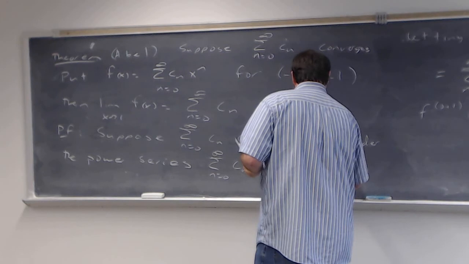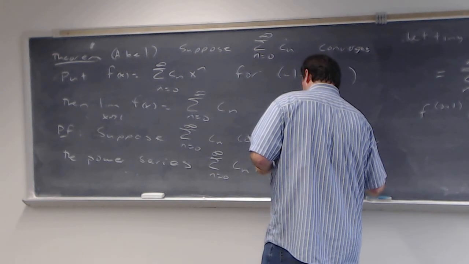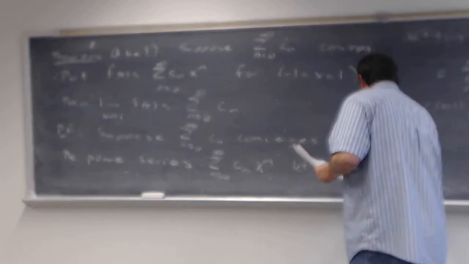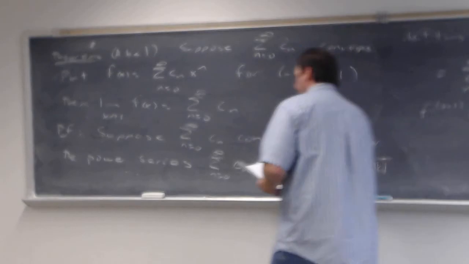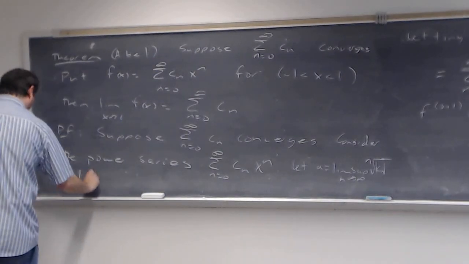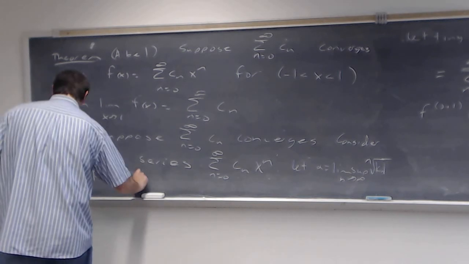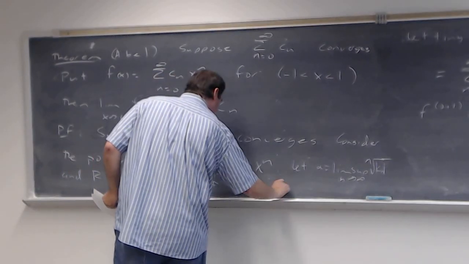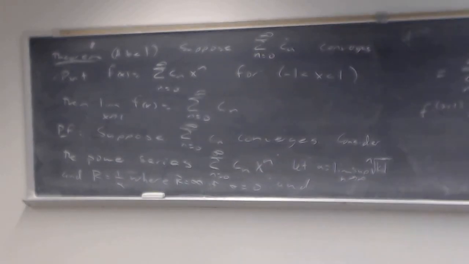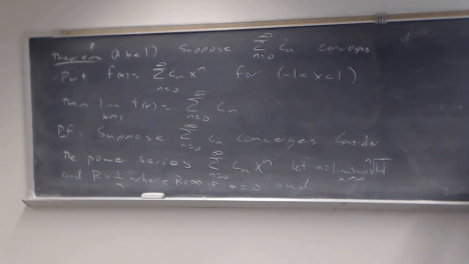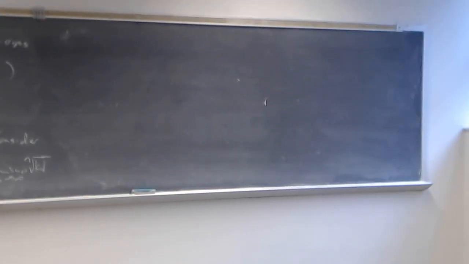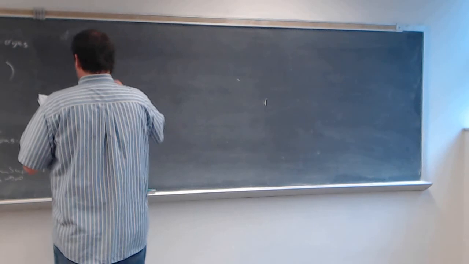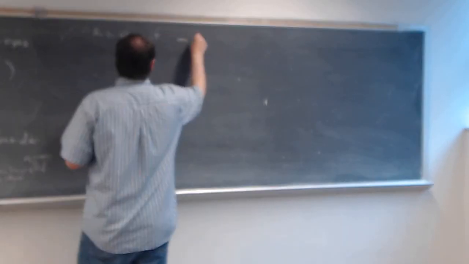Now we let alpha be equal to the lim sup as n goes to infinity of the nth root of the absolute values of the c sub n's, and R equal to 1 over alpha, where R is equal to infinity if alpha equals 0, and R equals 0 if alpha equals infinity.